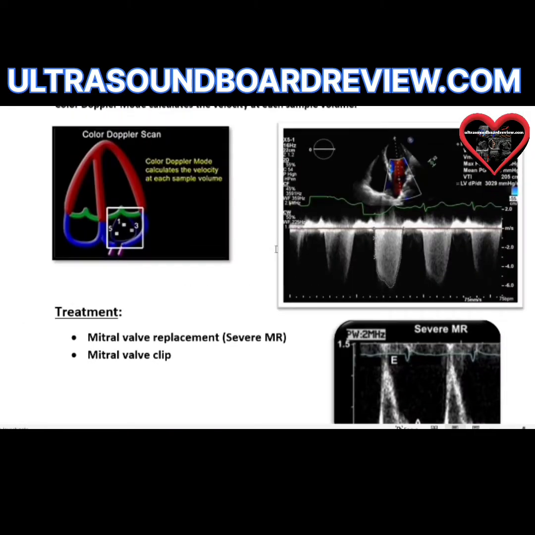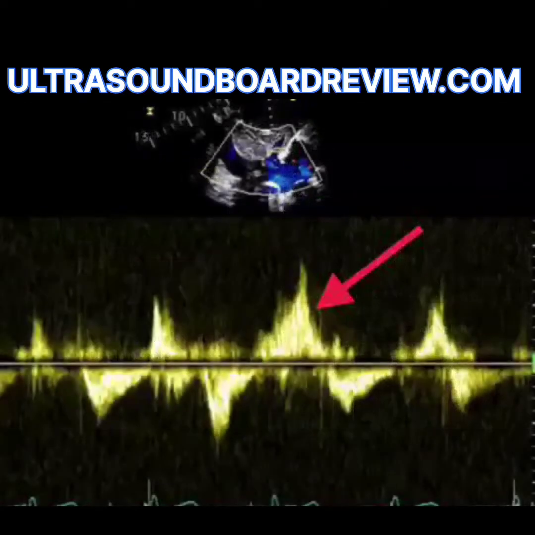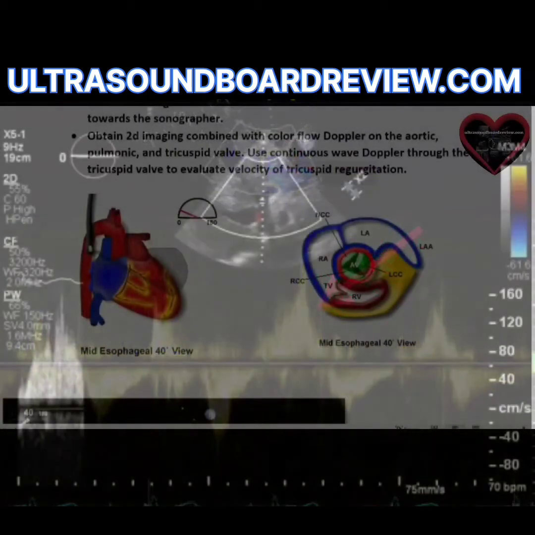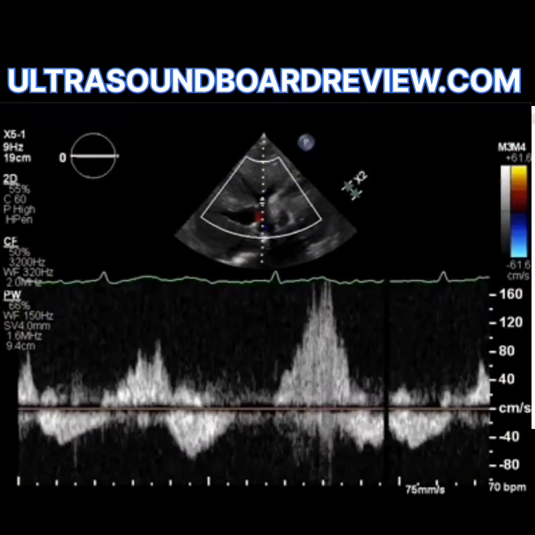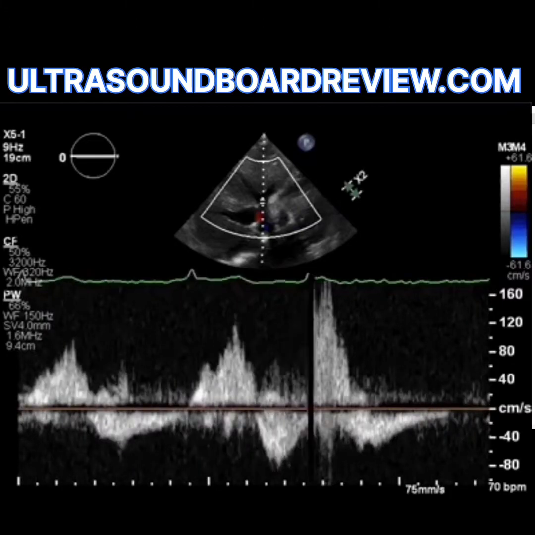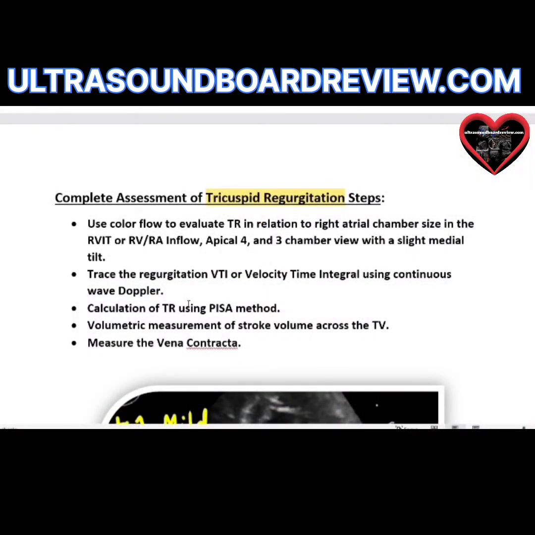But with TR, the one thing you have to do to determine if it's severe or not is run your pulse wave in the hepatic vein. And if you have systolic reversal in the hepatic vein, it's most likely going to be severe.